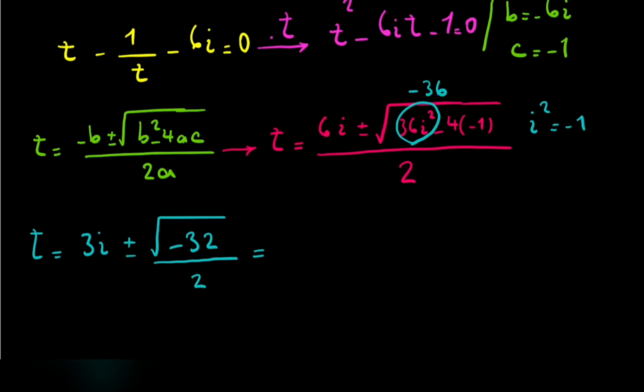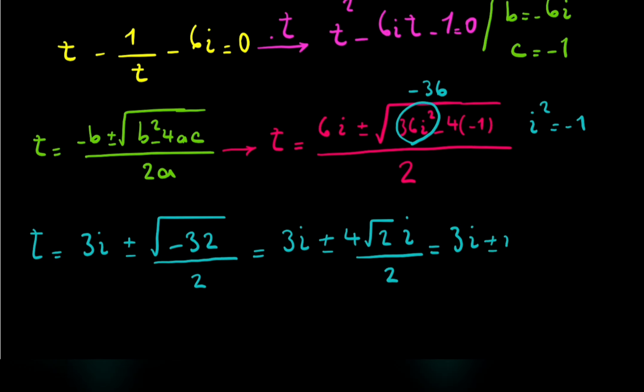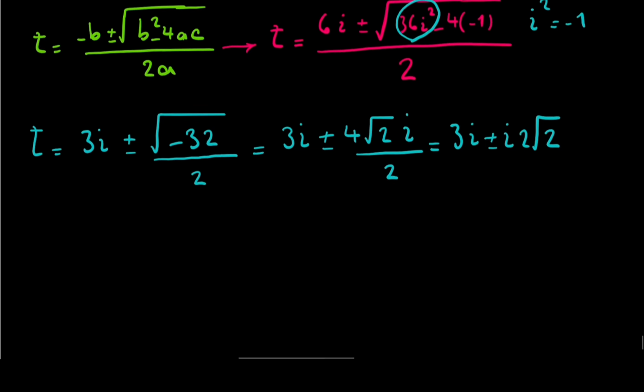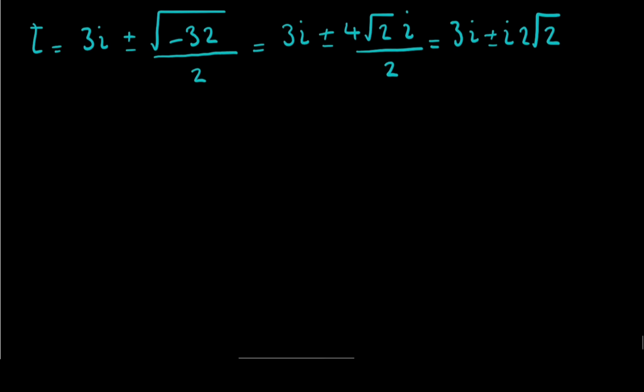So we have 3i positive and negative 4 square root of 2 times i divided by 2, and that's equal to 3i positive and negative i times 2 square root of 2. Yes, that's it. So let me continue. I told you t was equal to e to the power of ix. Now you can use it.